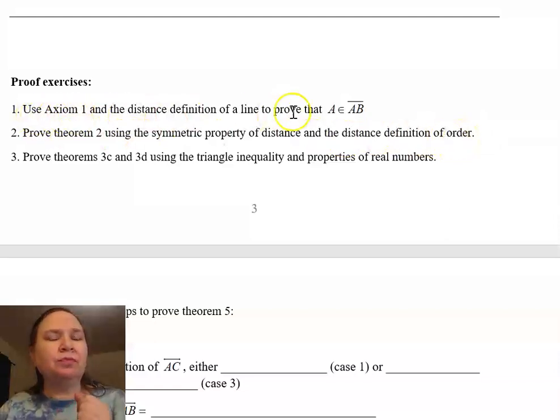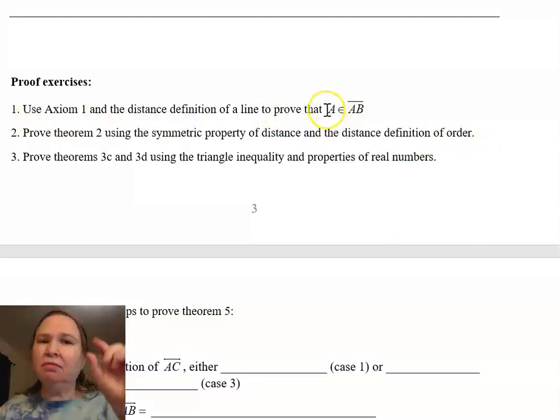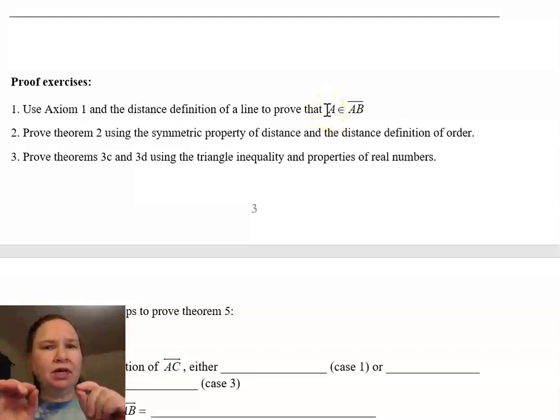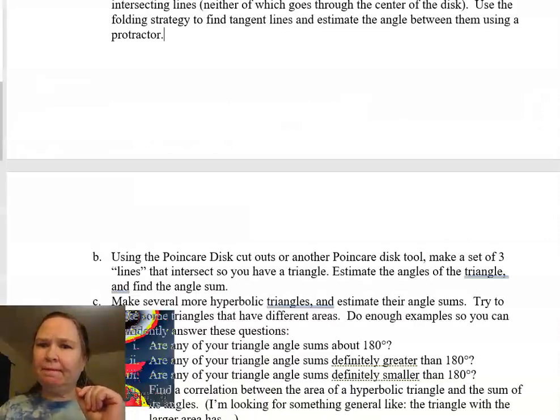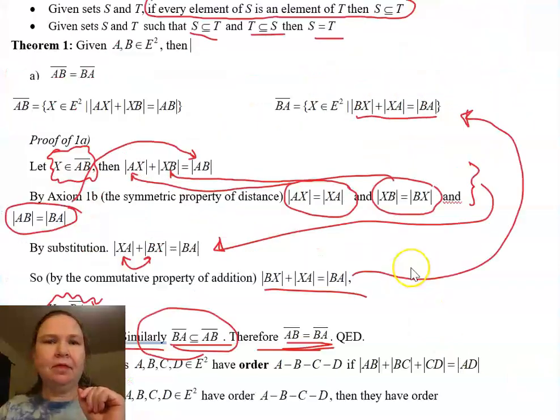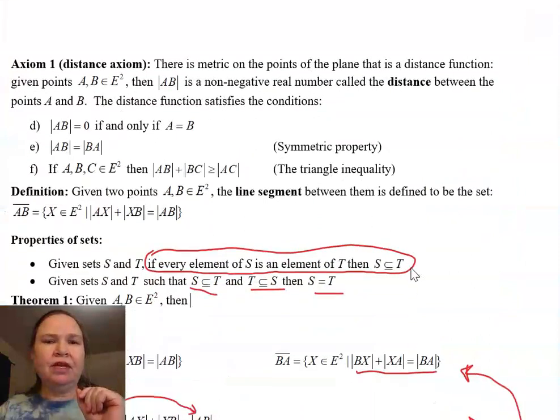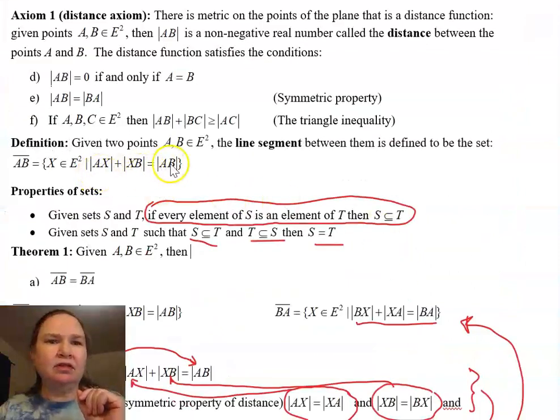So for the first problem, you're trying to prove that A, the endpoint of the segment, is an element of the segment. And the way you prove something is an element of the segment is you prove that it satisfies this equation. All right?